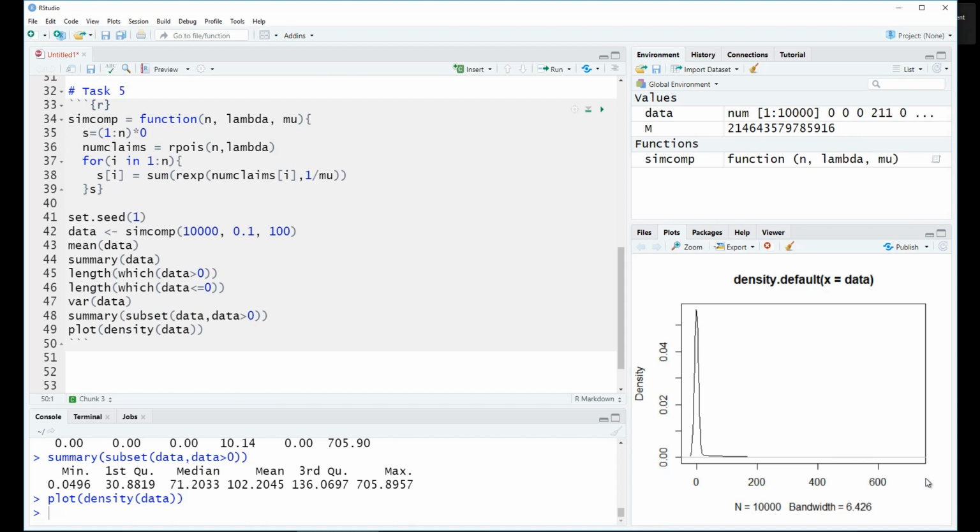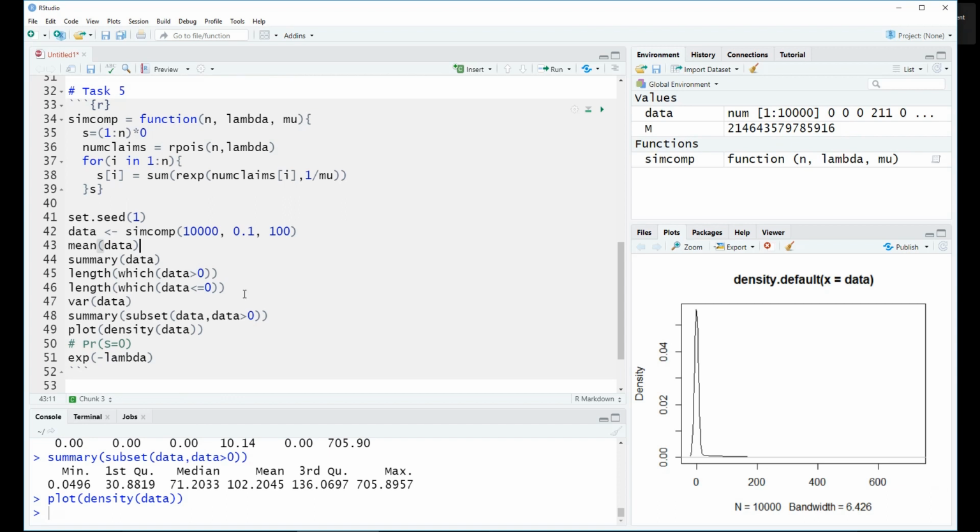Okay, lambda here was taken as 0.1 and mu was taken 100. For this model, we can calculate the probability that S equals 0, and this probability is just the exponent of minus lambda. Okay, lambda should be set.